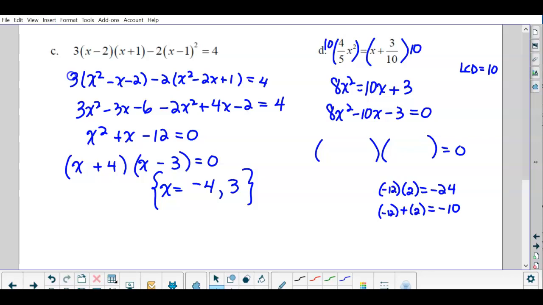Okay. Now, we have to think, when I've been doing this by trial and error, the coefficient of the x squared term has always been a prime number. Now it's not a prime number. So I also have to consider what's going to go in there. So obviously they both have x terms, but my outside and my inside have to multiply to these values.